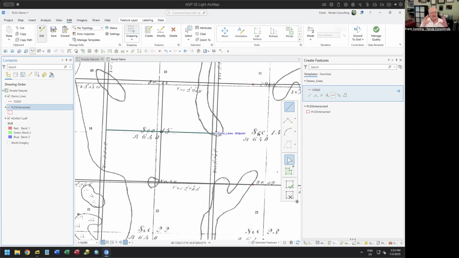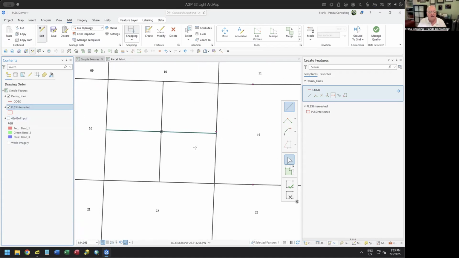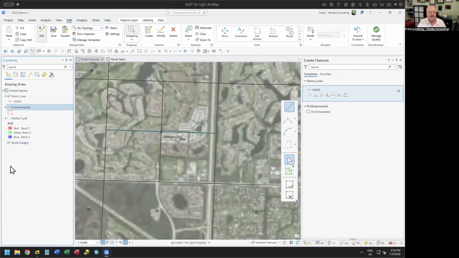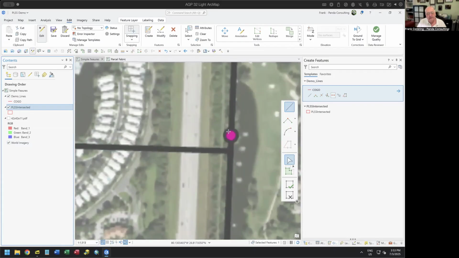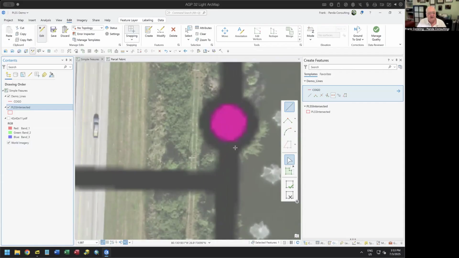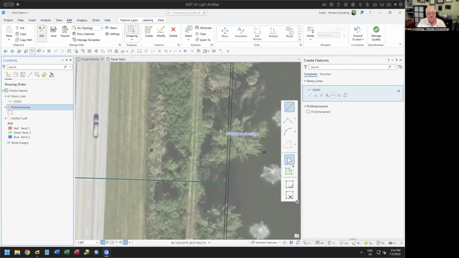So again, knowing what I know about the way sections are broken down, knowing how this is all supposed to be done and what natural conditions there were, I always want to look. So let me do one more thing. Let's turn off that original plat. Let's go back here and, oh, no, it looks like that is actually on some sort of ground, but it might be right there by the waterway.